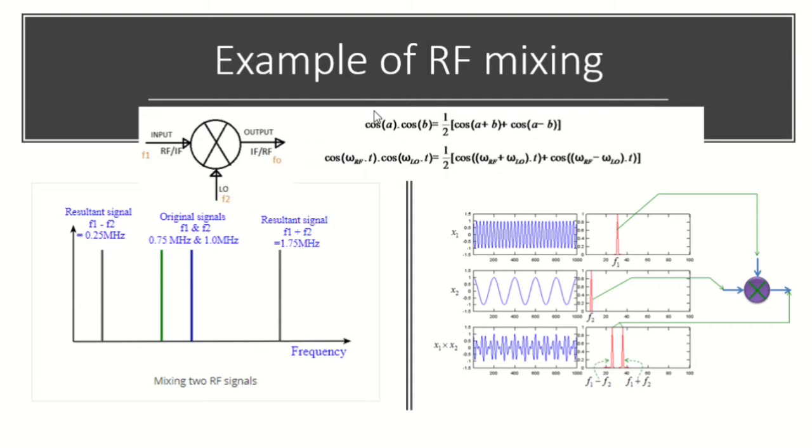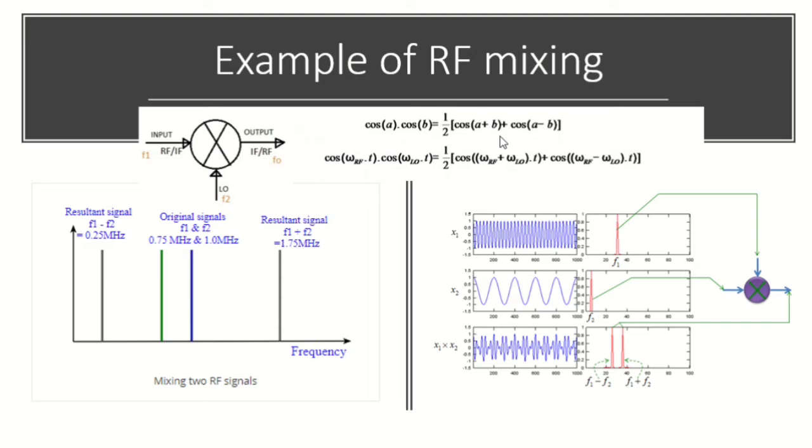Dan jika kita masukkan, gantikan A dan B ni sebagai RF dan LO, so kita akan dapat this kind of equation ni lah, di mana if you look at this part here, omega RF plus omega LO dan omega RF minus omega LO. So ni adalah frekuensi dia lah sebenarnya, basically.